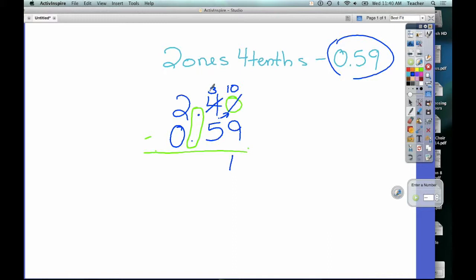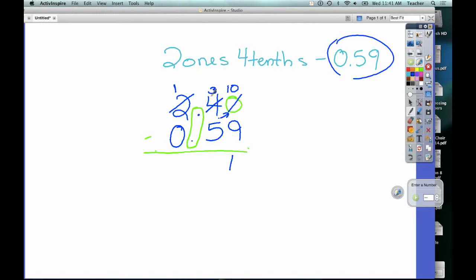Well, this 4 became a 3. What's 3 minus 5? Everybody, 3 minus 5, come on. What is it? Ooh, they got me. So what do I need to do? I can't do that right in the middle. You got to borrow from the next column over. My 2 becomes a 1. What am I adding over here? If I take 1 from this column, I'm going to add how many to this column? 10. I have 3 there already.